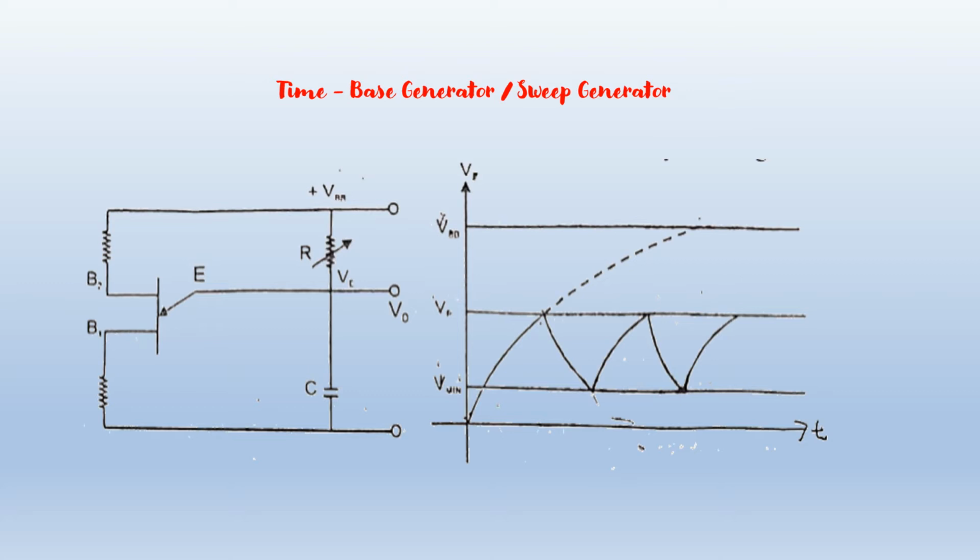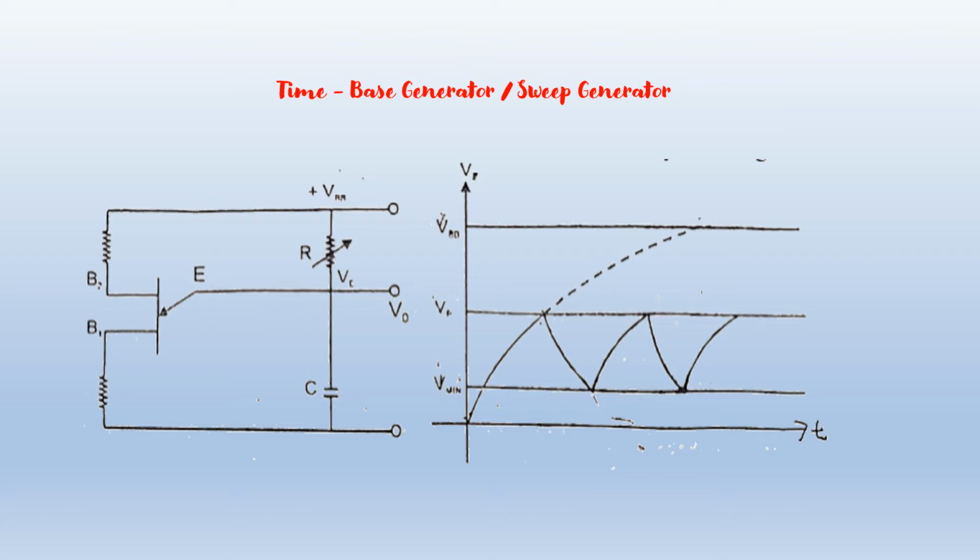From this point to this point is the charging of the capacitor, and once the capacitor fully charges, it discharges and the beam moves back. The charging portion is called trace, while the discharging is known as retrace or flyback. During the flyback period the electron beam is cut off by the blanking circuit.